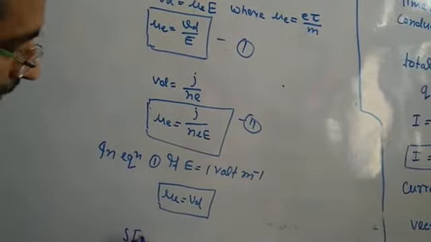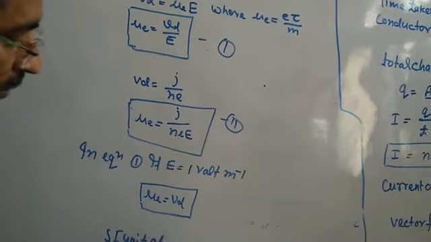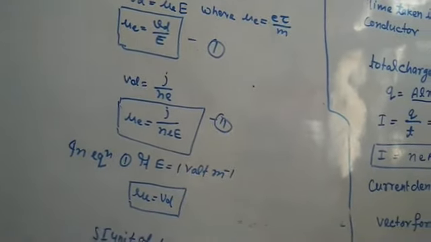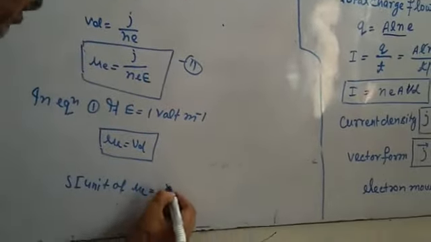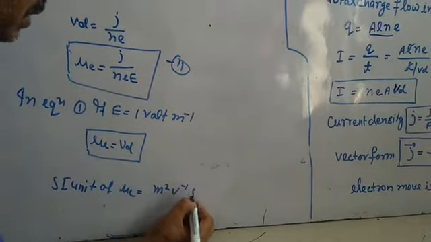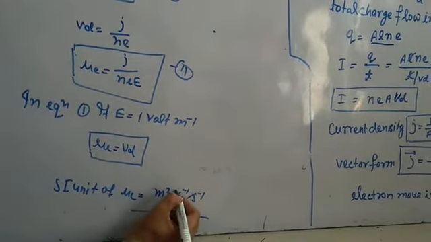The SI unit of mu e, the mobility, is meter square volt inverse second inverse.